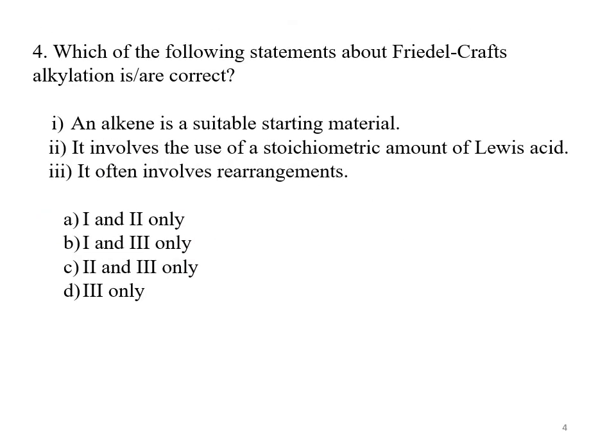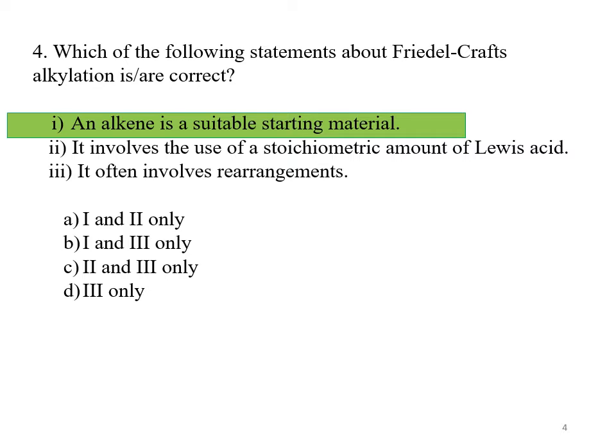Next question: which of the following statements about Friedel-Crafts alkylation is or are correct? 1. An alkene is a suitable starting material. Any starting material that can give a carbocation is suitable. Obviously, protonation of an alkene is a common reaction to form the corresponding carbocation, protonation by a strong acid like sulfuric, or even not as strong like phosphoric or perchloric, so that's correct. 2.